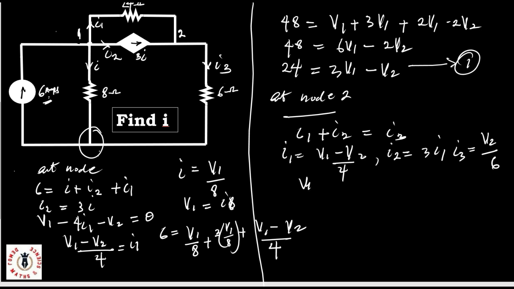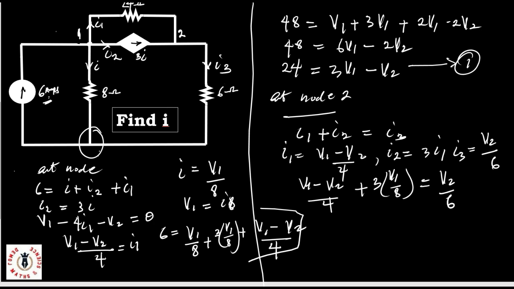So we'll have V1 minus V2 over 4, which is I1, plus 3I, which is I2. I is the same thing as V1 over 8, so 3 times V1 over 8 equals I3, which is V2 over 6.